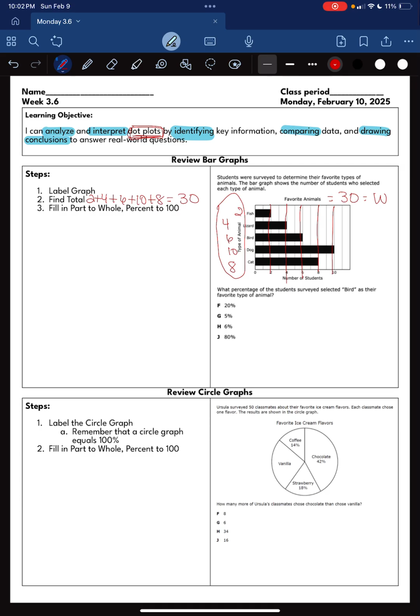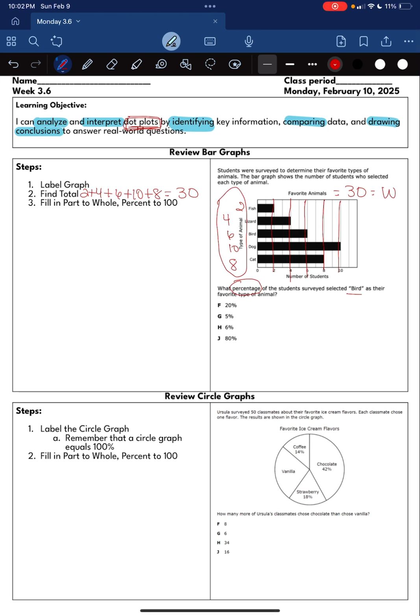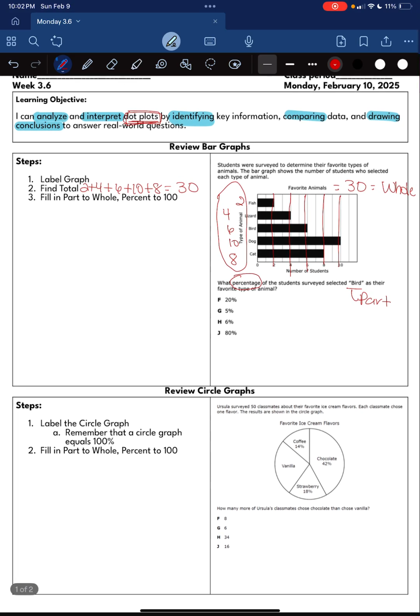Okay. So now I'm going to go and read my question. And it says, what percentage, so I know I'm looking for a percentage, of the students surveyed selected bird? That's my part. So I have my part and I have my whole, and I'm looking for my percentage. So I know it's part over whole equals percent over 100. My part is the bird, so I come and find the bird, and that's 6.